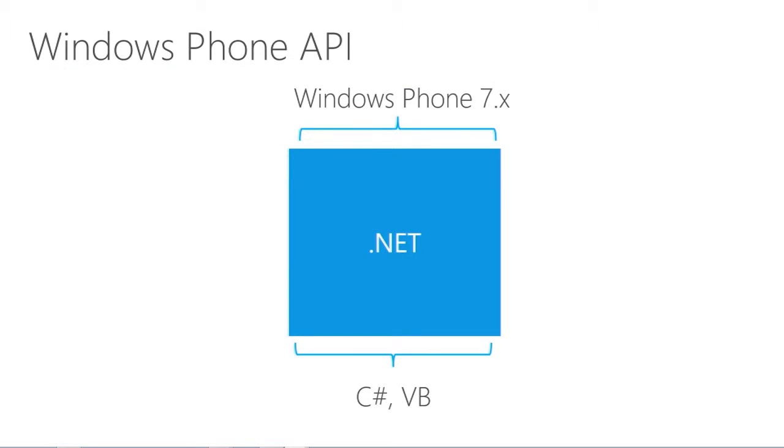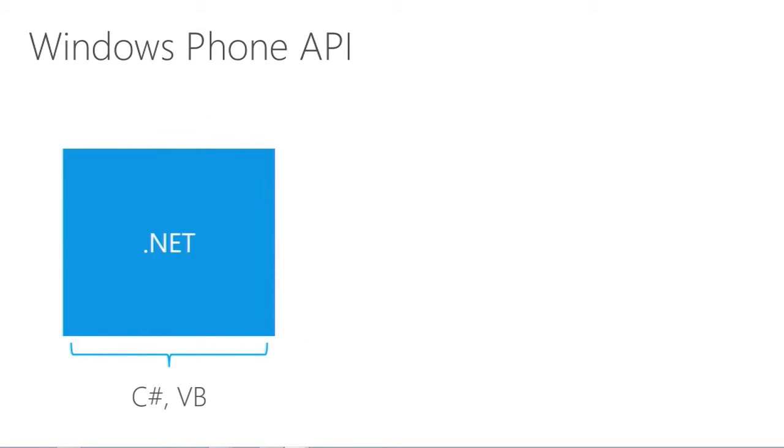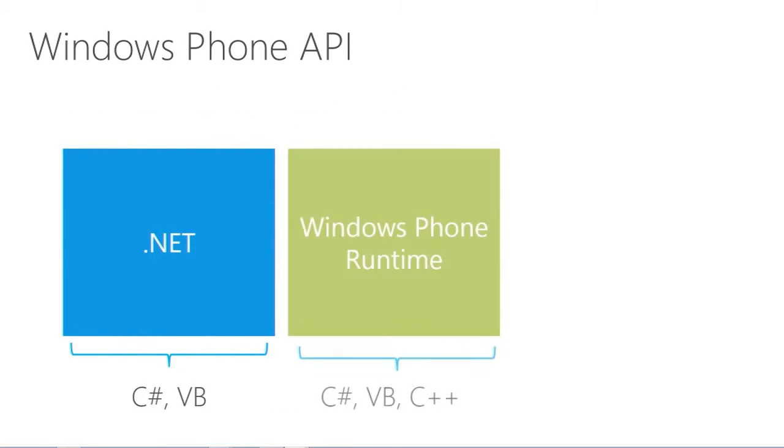When you think about Windows Phone, or specifically Windows Phone 7, and I'm hoping many of you have already built Windows Phone 7 apps, in the past that was all about .NET, C# or VB. When we moved to Windows Phone 8, there was a runtime as well that we've now added, which can be used from either C# or VB, and with Windows Phone 8 we've added C++ as well.